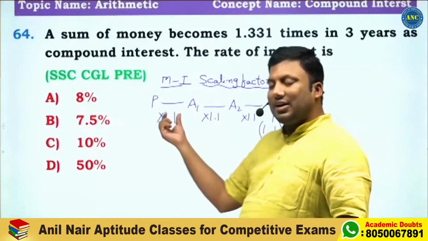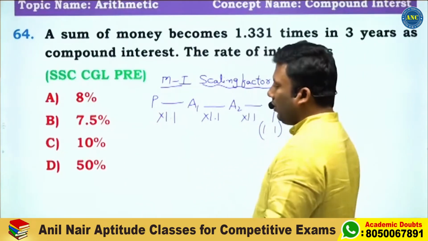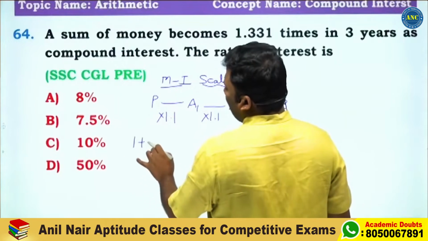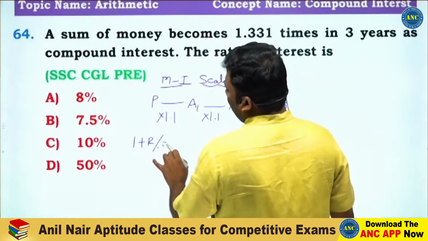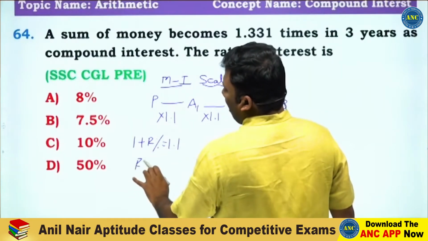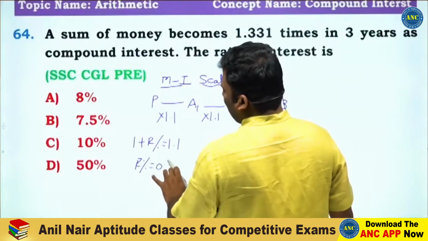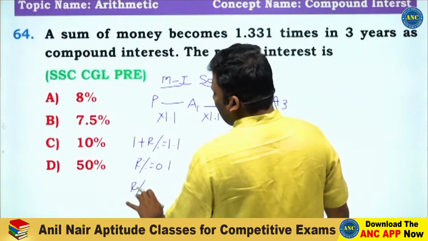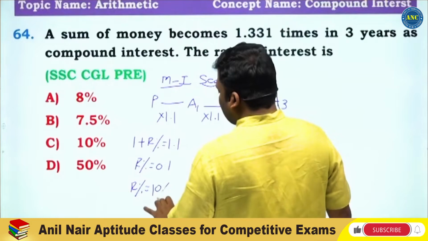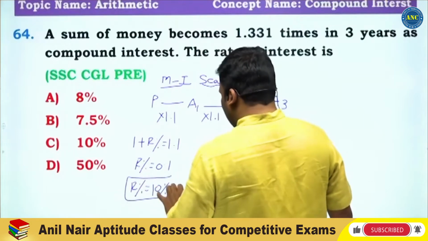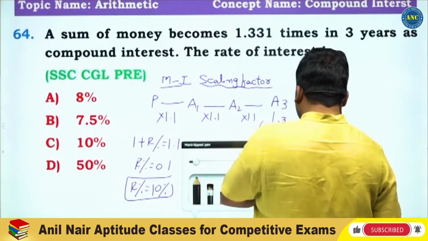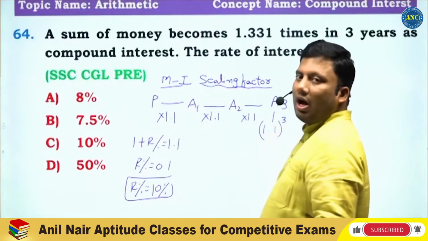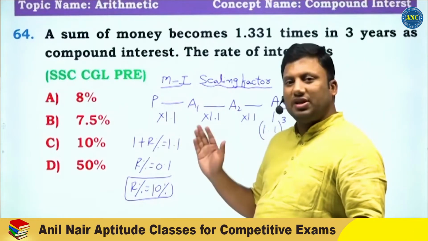So the scaling factor every time is 1.1. The scaling factor is given by 1 plus R percentage. R percentage is 0.1, which is 10 percentage. Idea is clear?